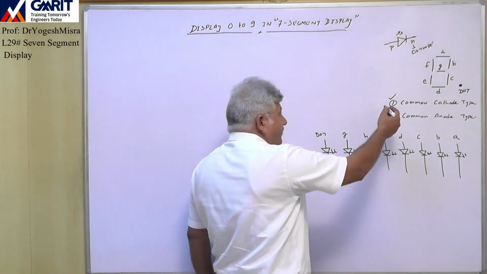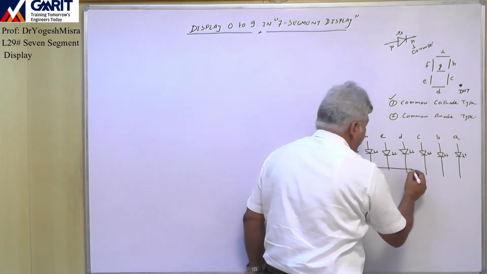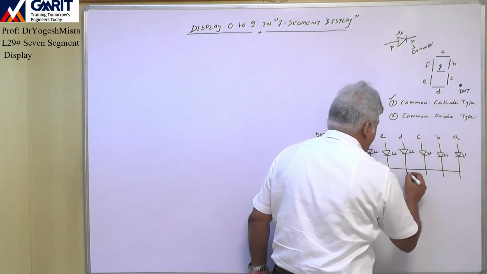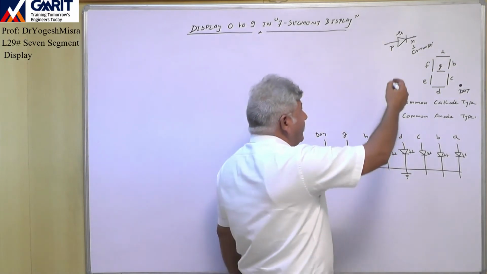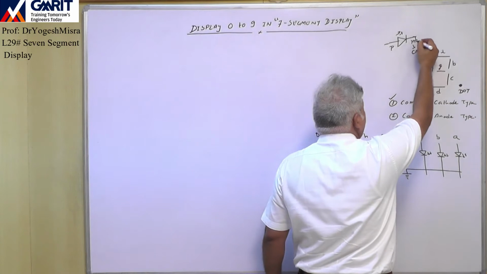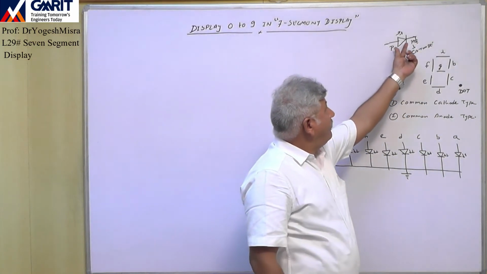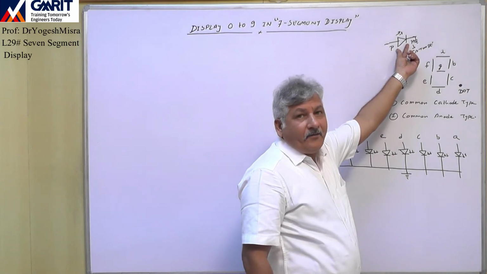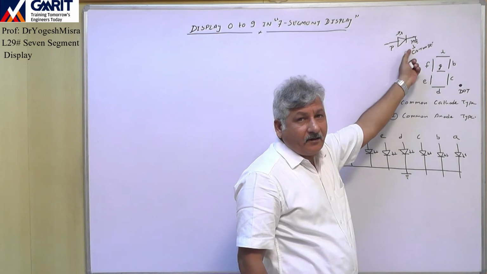So we will discuss the common cathode type. All the terminals are joined together and connected to ground. So if this terminal is connected to ground, to glow this LED, what do we have to do? We have to forward bias this LED.